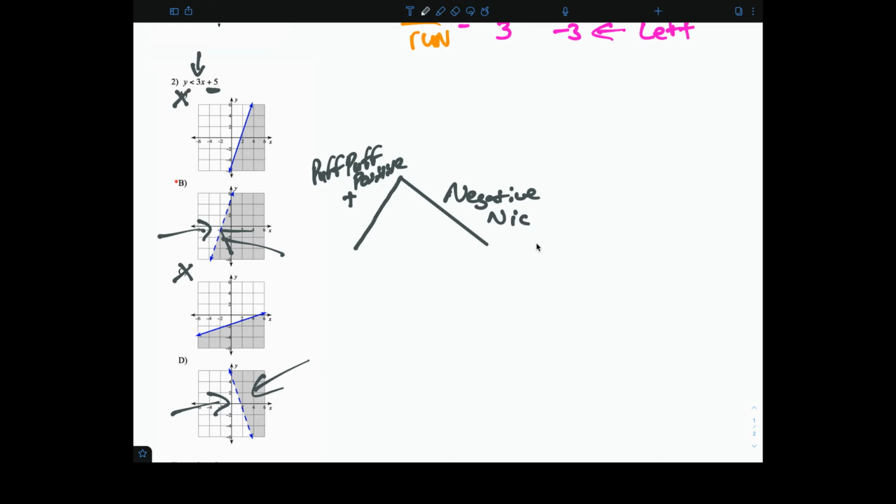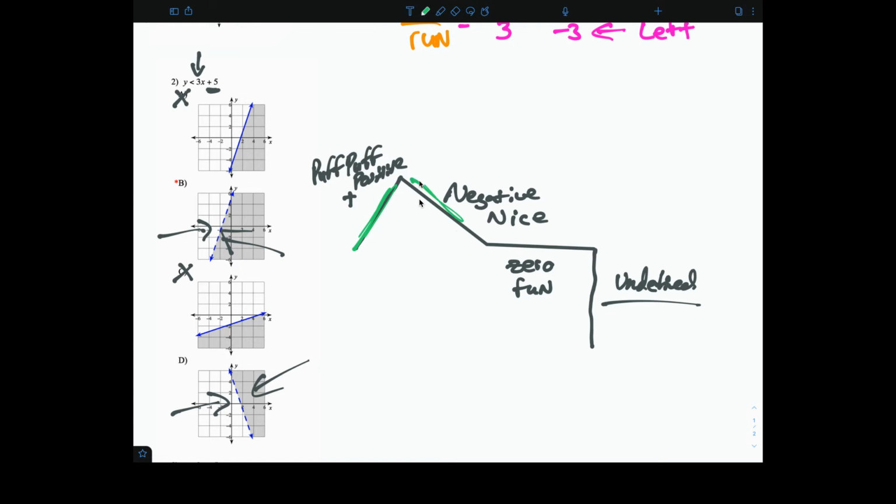Then we're going horizontally, a horizontal line. That is zero fun. And then you go straight down, and that is undefined.